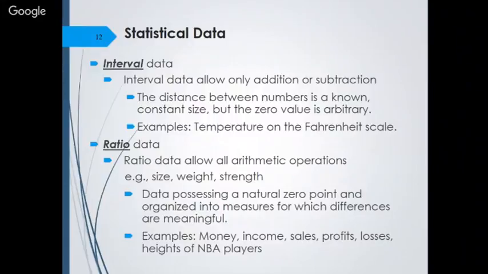Examples are size, weight, strength. These are examples of ratio data. Ratio data has a natural zero point and is organized into measures for which differences are meaningful. For example, money, income, sales, profit. These are also examples of ratio data.